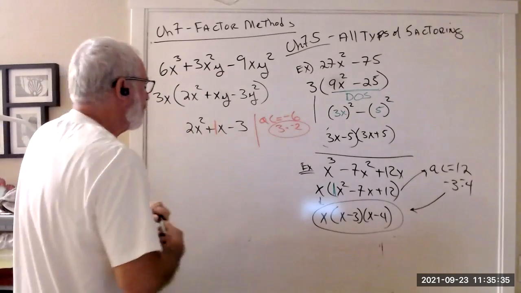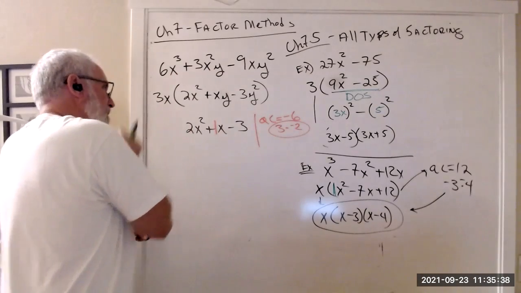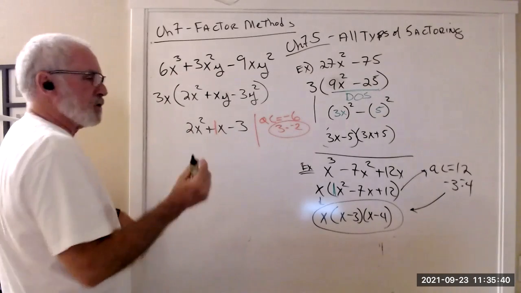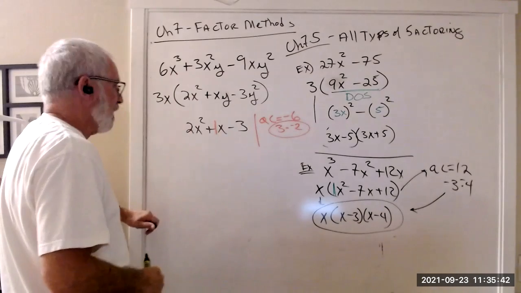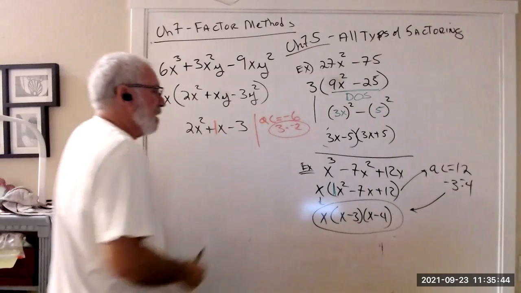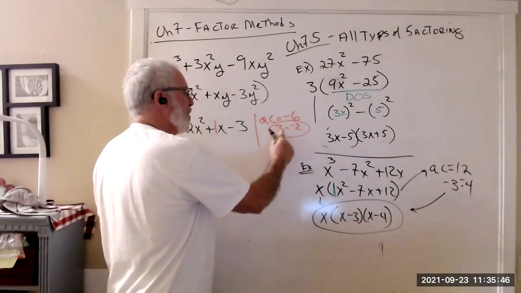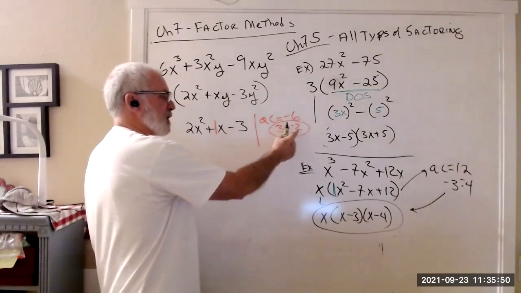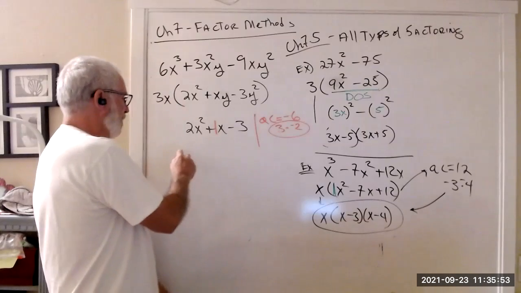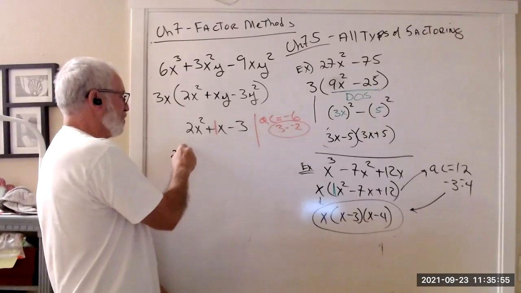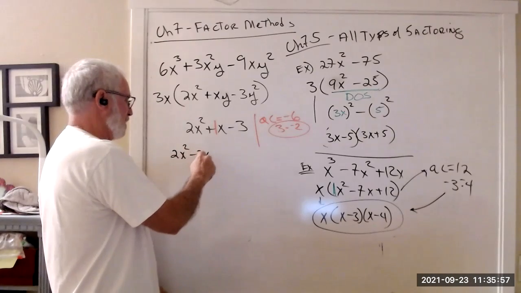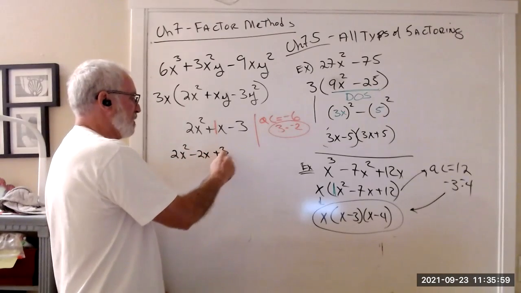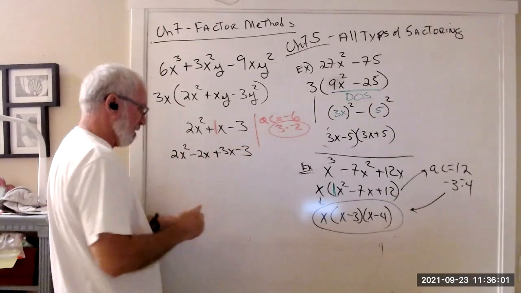So just to be weird, okay, not that I'm weird, you can put these down in any order you want. The 3 doesn't have to come first and the -2 doesn't have to come second. So I'm going to write this as 2x squared minus 2x plus 3x minus 3.